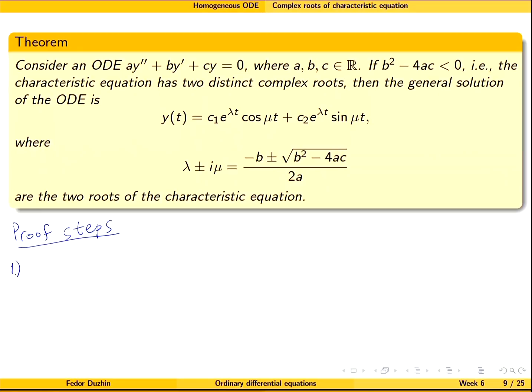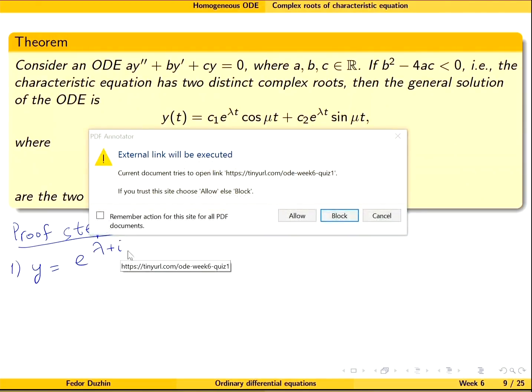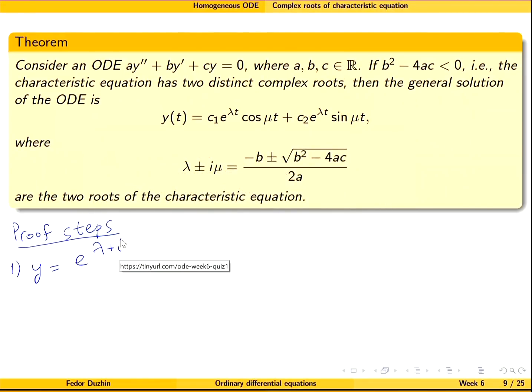The first step is to realize that the function y equals e to the power (lambda plus i mu)t is in fact a solution.